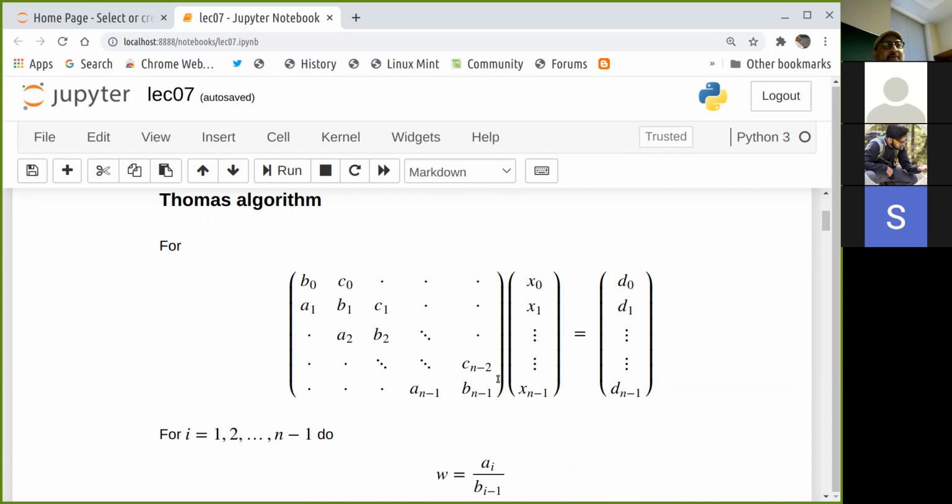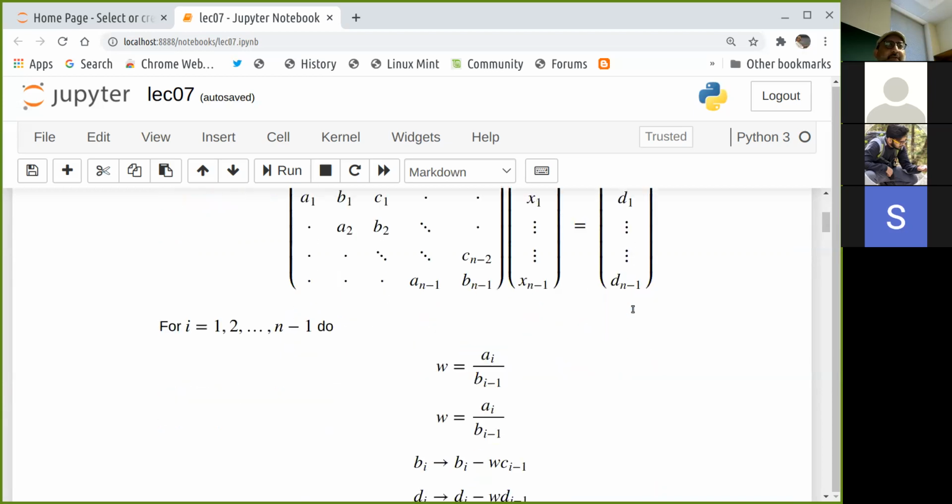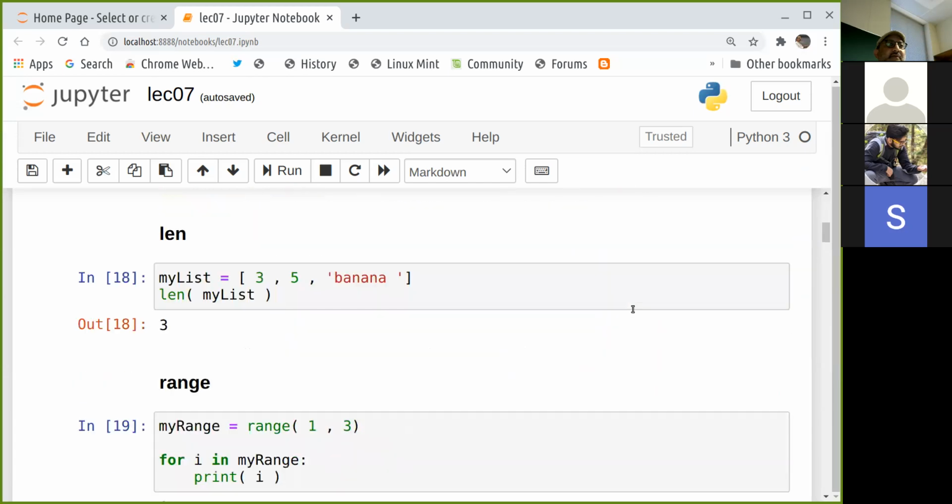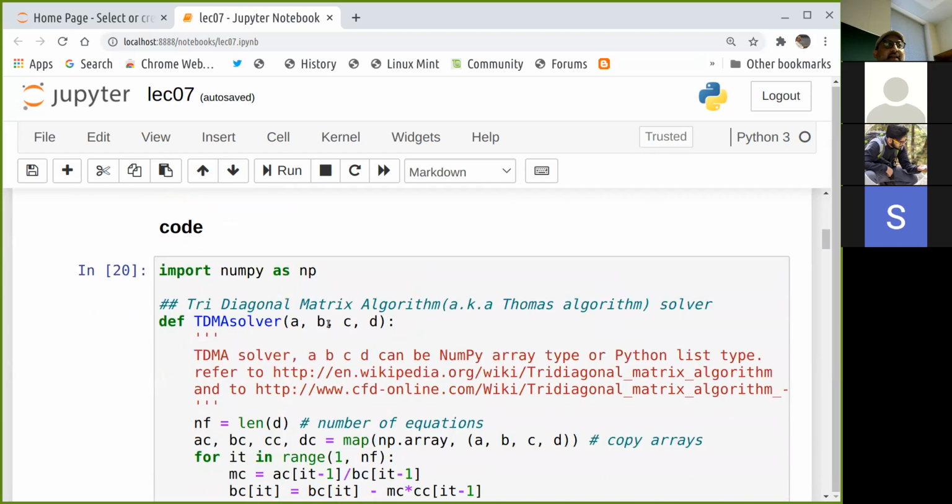Then it needs the upper diagonal, which has entries c_i, a list or NumPy array called C. And then it needs the right-hand side, a list or NumPy array D. So this code should take in A, B, C, and D, and spit out X, calculated using the Thomas algorithm.